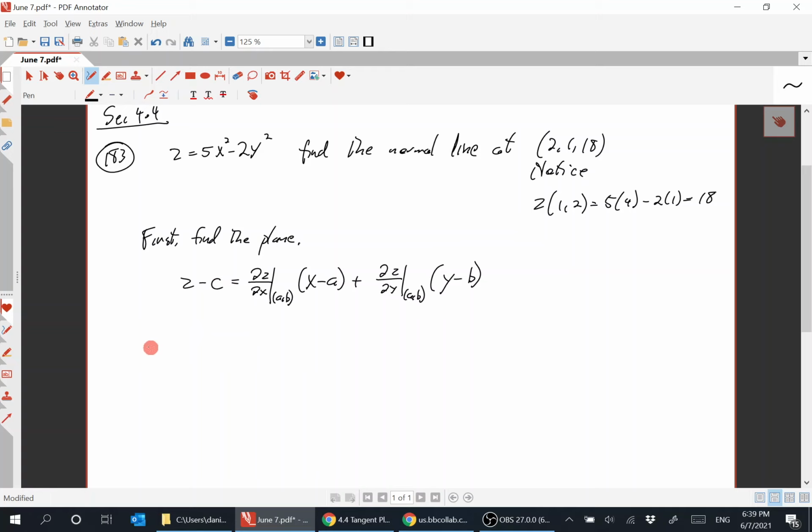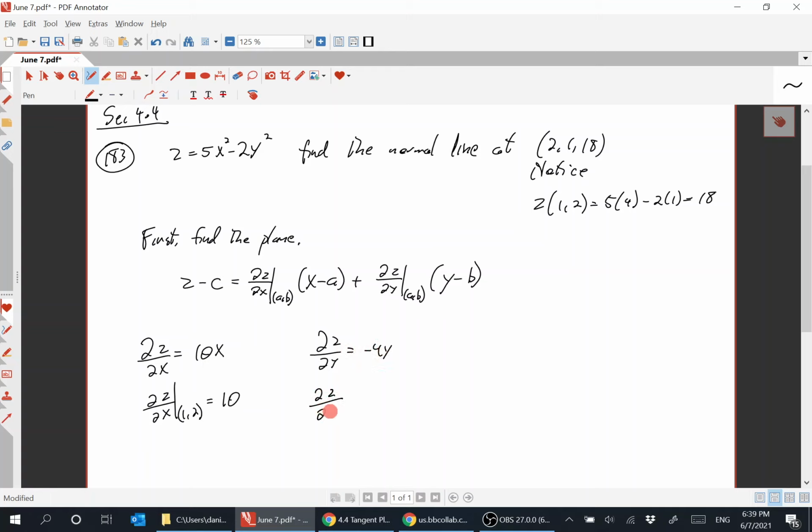So first thing we've got to do, find those partial derivatives. Partial z with respect to x, 10x. So partial z with respect to x at the point is equal to just 10. Partial z with respect to y, minus 4y.